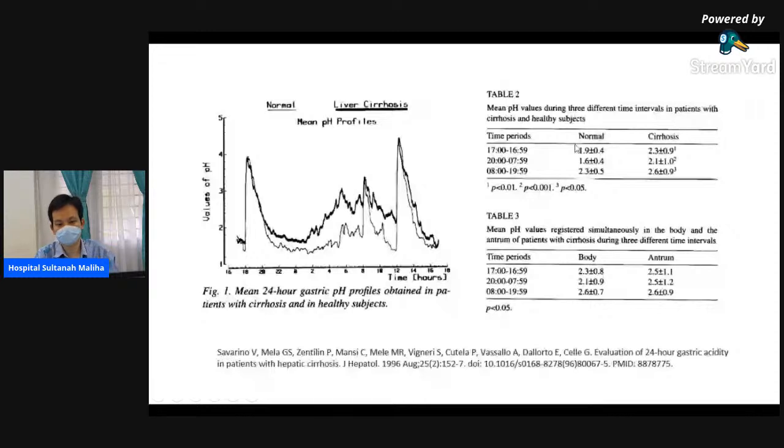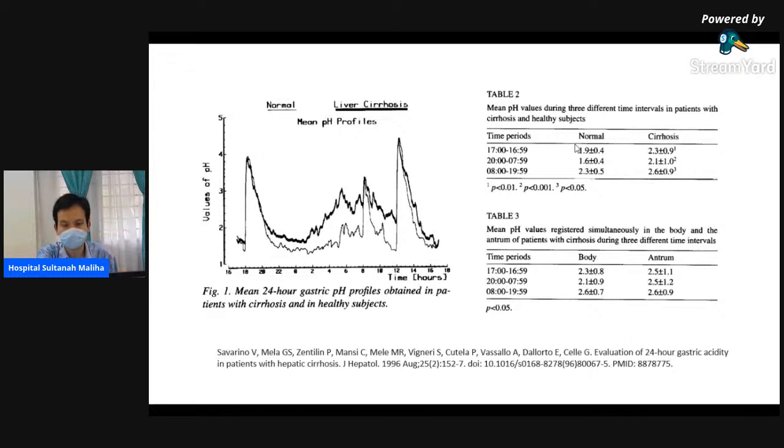And this is a finding that I scrubbed through when I looked through the evaluation of 24-hour gastric activity in patients with hepatic cirrhosis. One of the common theories circulated among us was that if you have liver cirrhosis, your risk of GI complications, in terms of bleeding or peptic ulcer, could be higher because of the pH values.